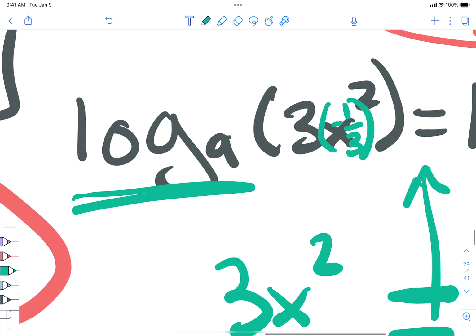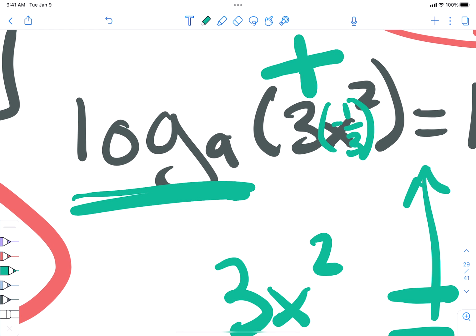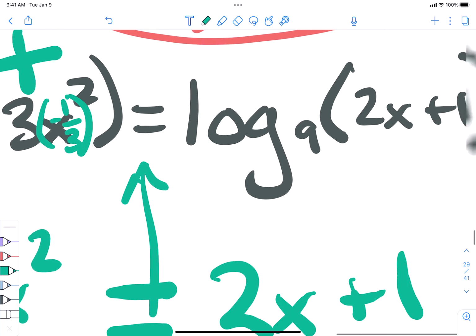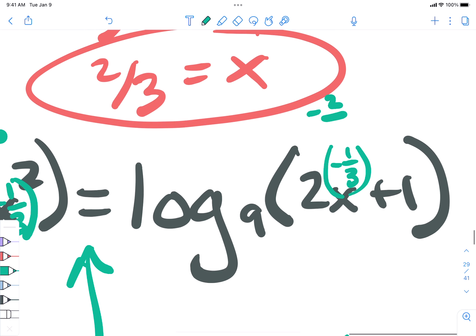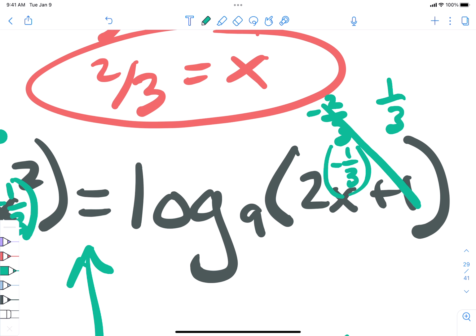So you will end up taking log of a positive number here. Because you squared it. Let's look over here. 2 times negative 1/3 is negative 2/3. But then if I add 1 to that, what's negative 2/3 plus 1? A positive 1/3, right? That's log of a positive number.